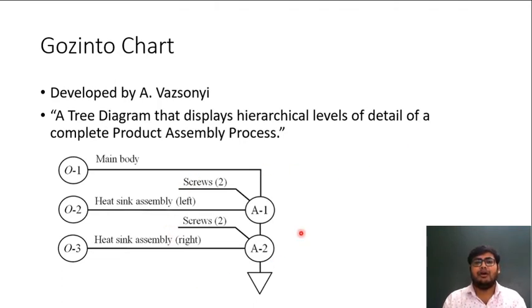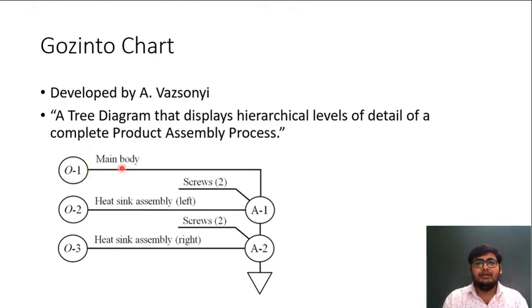This is somewhat how a Gozinto chart will look, in which there will be some components and there will be some assembly levels. This Gozinto chart shows that O1 is a part which is the main body.